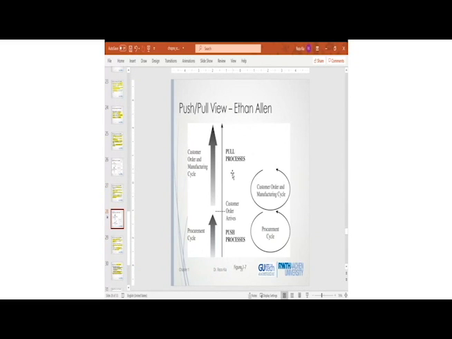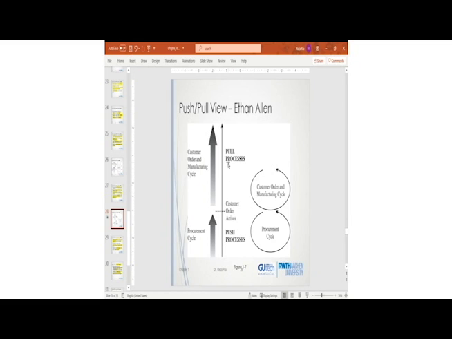Okay, just look at this figure. This is related to Ethan Allen, which is producing some customized furniture. You see here, the customer order and manufacturing cycles are combined together. And as I said, Ethan Allen is waiting for a customer demand. And whenever a customer arrives, they will start production of customized furniture.